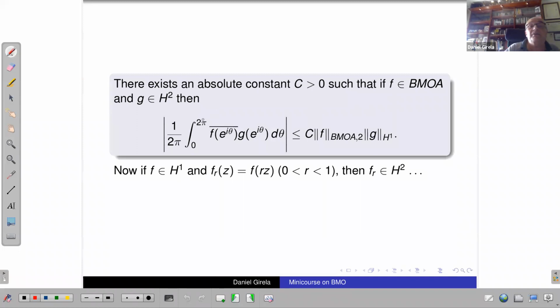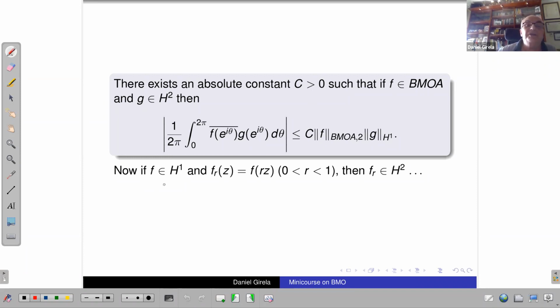But once we have obtained this for a function f in BMO and a function g in H2, then this is easy. Sorry, what I mean is that the function f is in BMO, and the function g we take in H1.